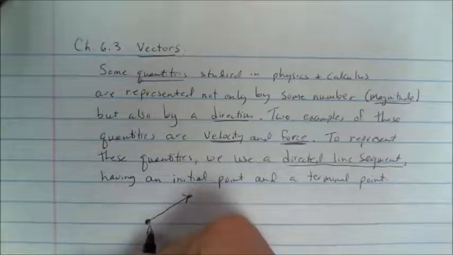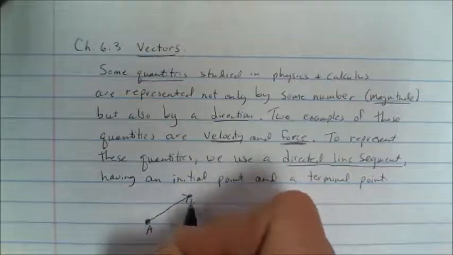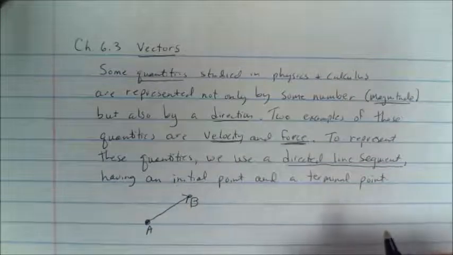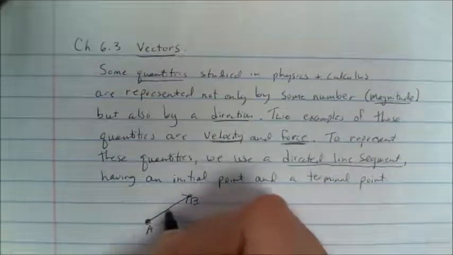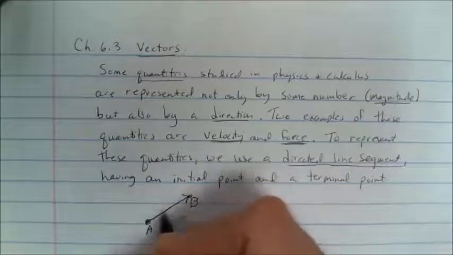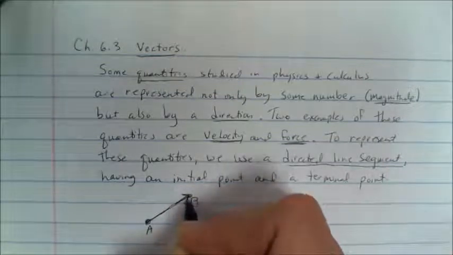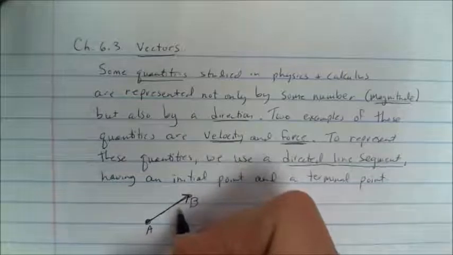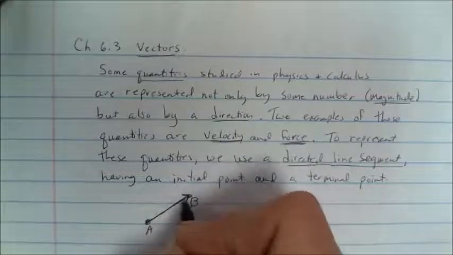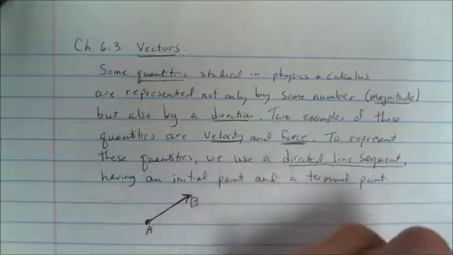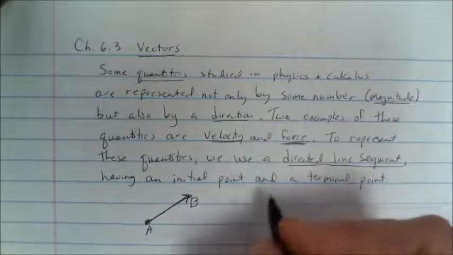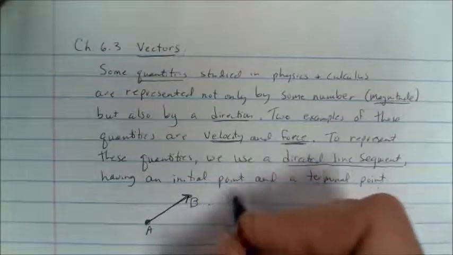So we'll have the initial point A, the terminal point B, and that is called a directed line segment. It has a magnitude. The magnitude is the length of this line segment, and the direction is whatever direction it's pointing in, and it has to do with angles, so we'll talk about that in a bit. But the length of this is called the magnitude.